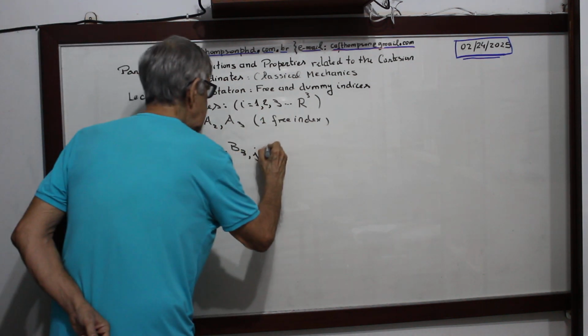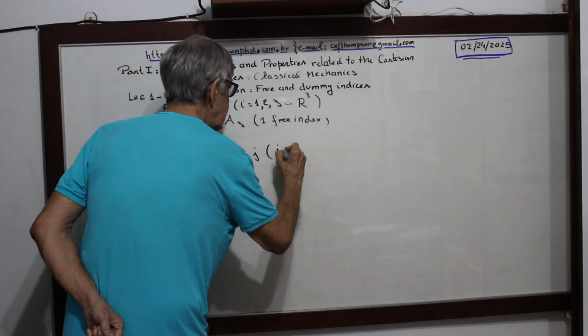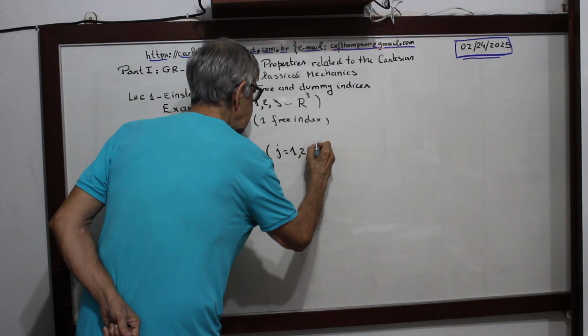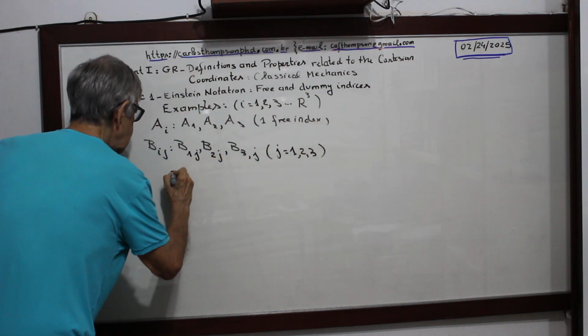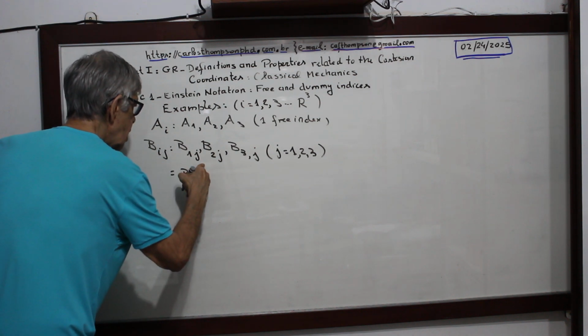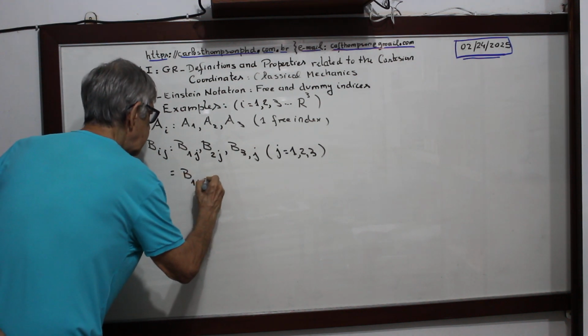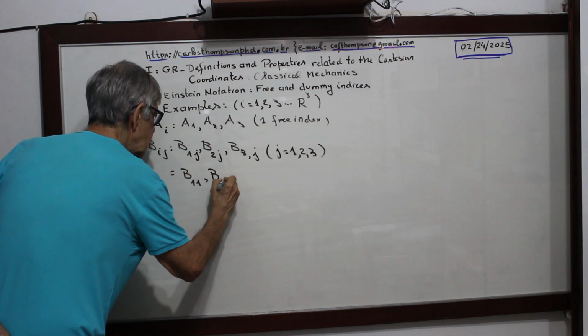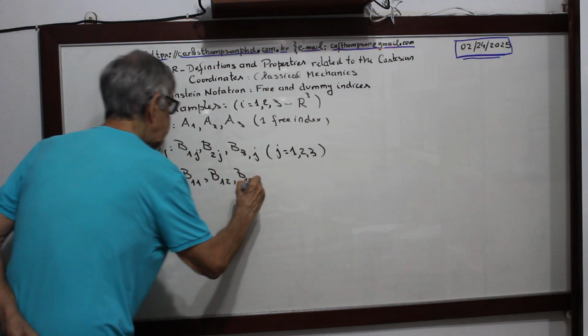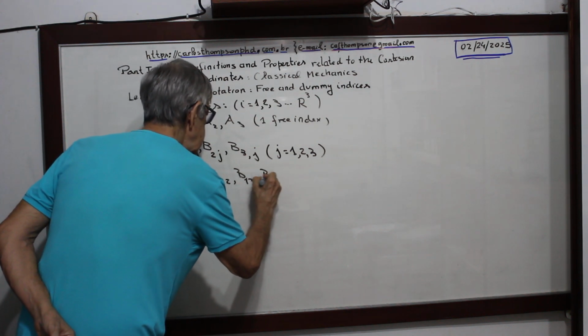Here, j is 1, 2, 3. Then this is equal to B_11, now j: B_12, B_13. B_21, B_22, B_23.